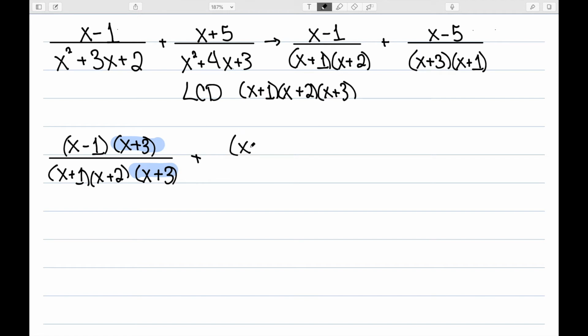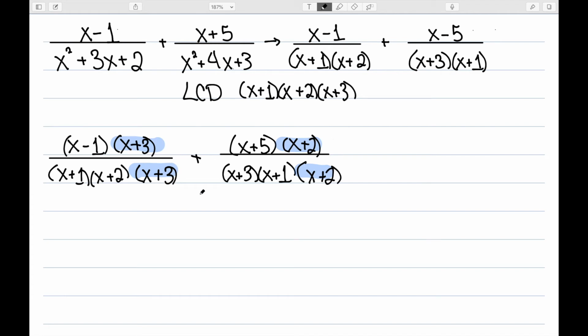The second one, currently the denominator has x plus 3, x plus 1. And it is also missing something to match the least common denominator. This one's missing an x plus 2. So I'll put that on both the numerator and denominator.